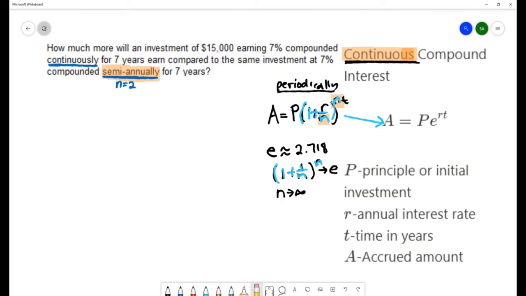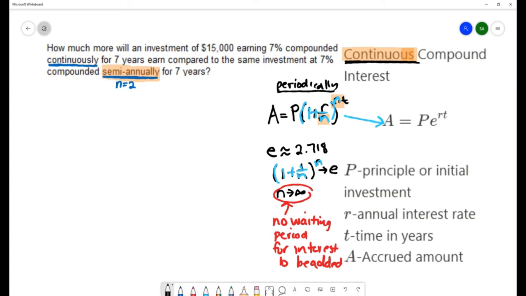And yet the formula has gotten simplified to this value of e in the base. Because we allowed the number of compoundings to go to infinity, there is no waiting period between adding interest. That gives us this new formula for continuous compound interest.